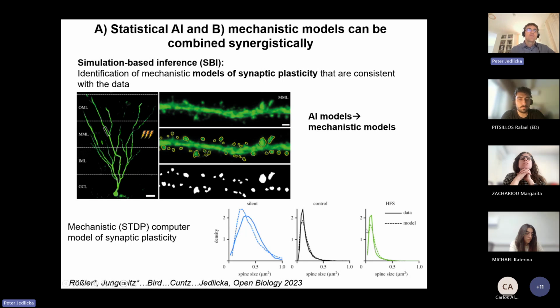Here you see that the model, which is this dashed line, is consistent with experimental data. In this case, this was plasticity data. And here we simulated the plasticity in hippocampal cells, and the strength of the synapses, or the size of the spine, is a proxy for synaptic weight. So that is one example in which we used SBI.